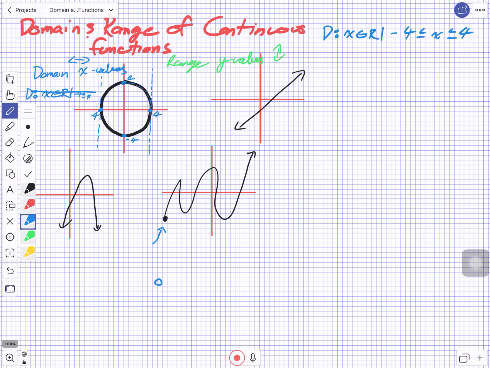If you ever get something where it's a hollow point on the curve, that means that exact point is not included. So you would say that it is just greater than, or if it's going the other way, less than. But if you have an included point, it's greater than or equal to, or less than or equal to, if it's filled in. For the rest of these, I've made the assumption that it is hitting 4, and therefore it is equal to 4 also.